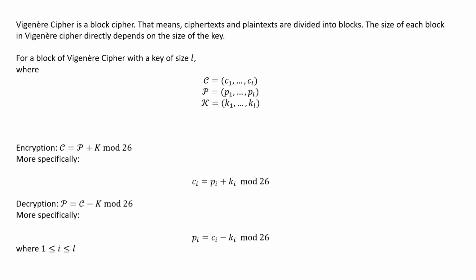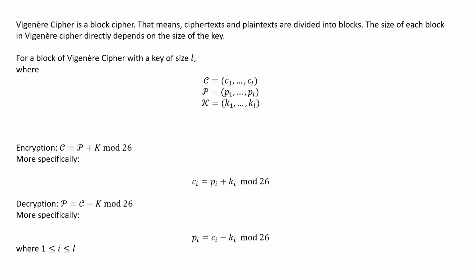So we denote the ciphertext by letter C, and plain text by letter P, and the key by letter K, and we denote each element of the block by C1 to CL for the ciphertext, P1 to PL for the plain text, and K1 to KL for the key.